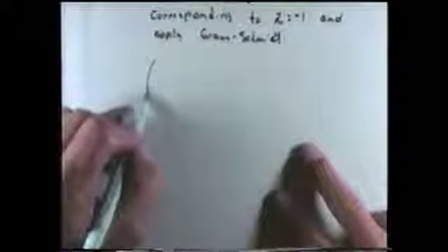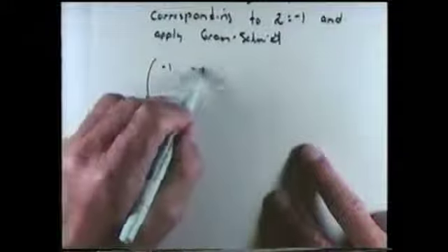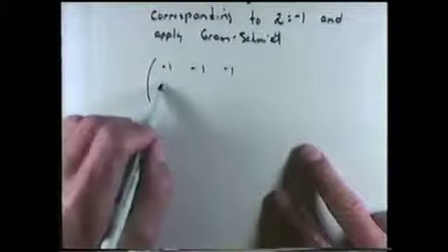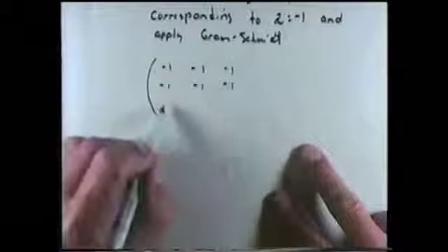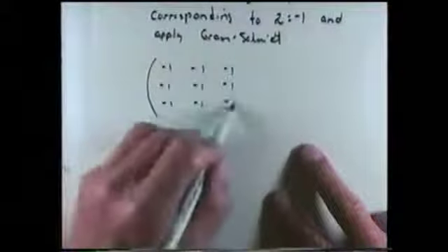Well, if we go back, if lambda is negative 1, then you can see that's just going to give me all negative 1s here. This was the lambda I minus A. So in lambda I minus A, if lambda is negative 1, the matrix would be all negative 1s. So I'd have the matrix of nine negative 1s.